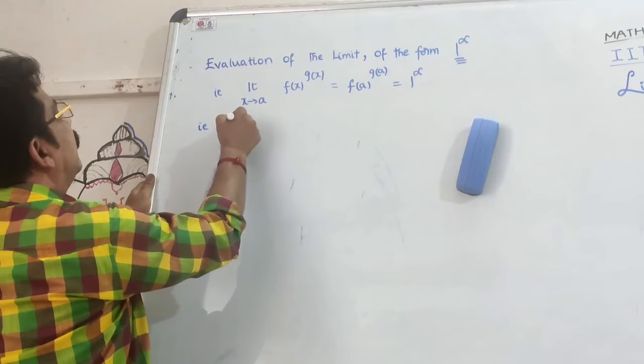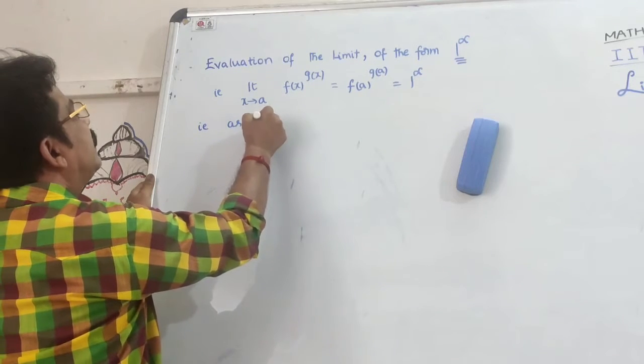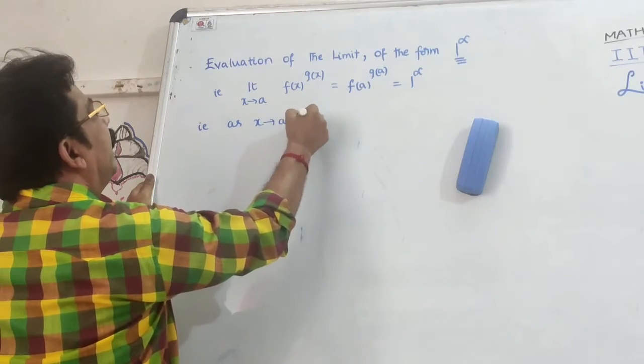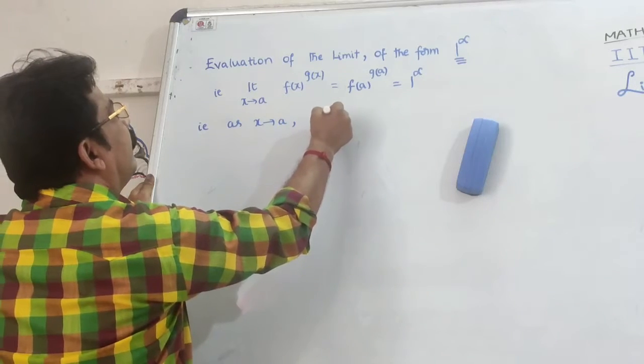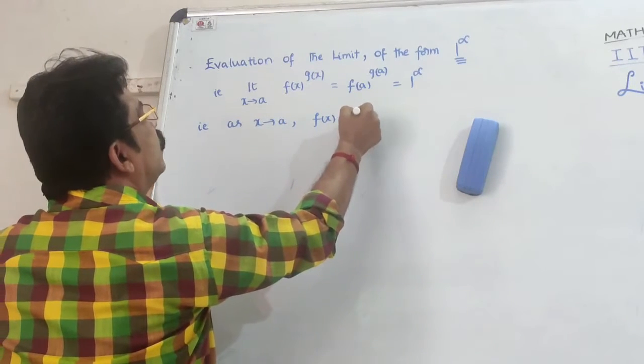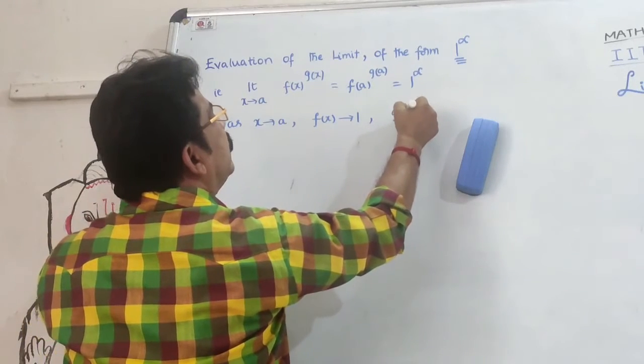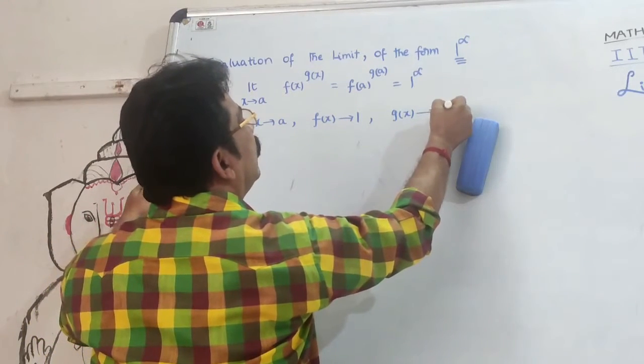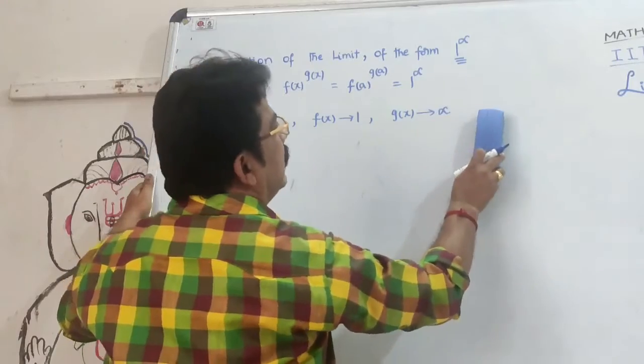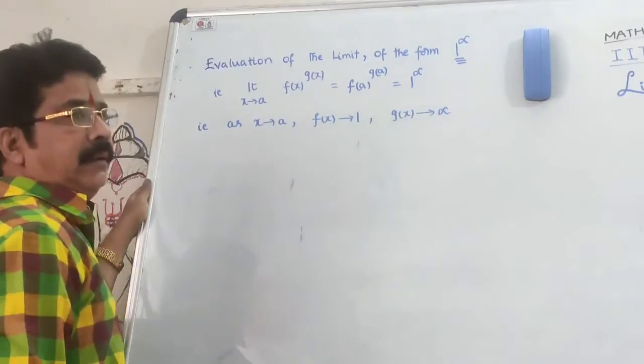That is, as x tends to a, f of x tends to 1, g of x tends to infinity. It is the complete meaning.